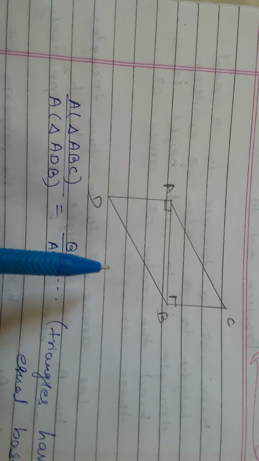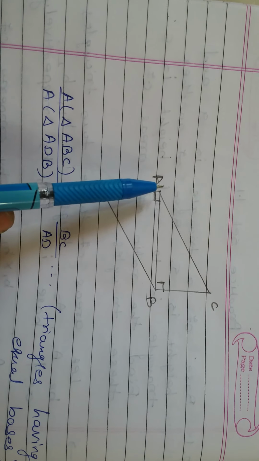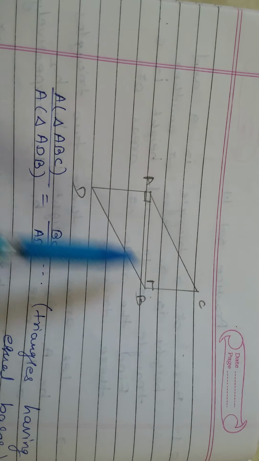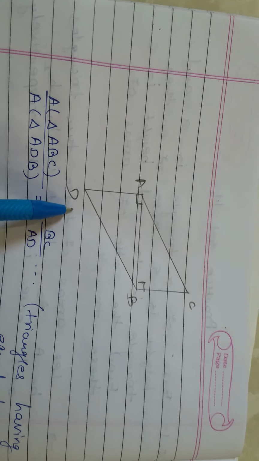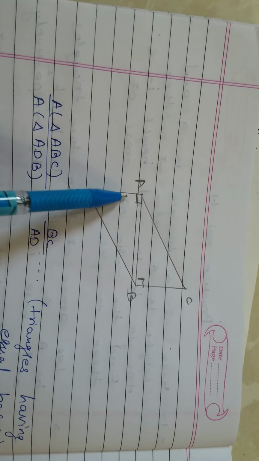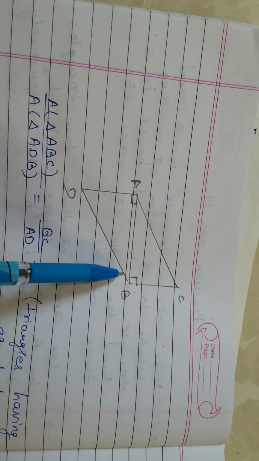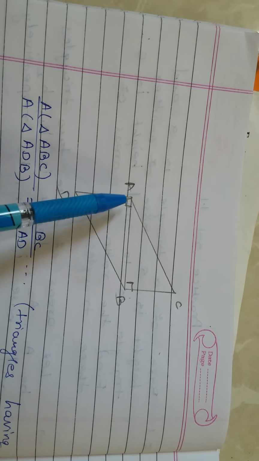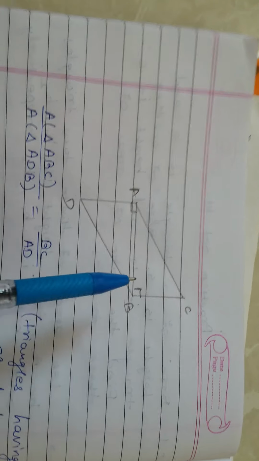This is the figure. From the figure we see here the two triangles, triangle ABC and triangle ABD. In this figure the base AB is common for both these two triangles, but the heights are different. For triangle ABC height is BC and for triangle ADB height is AD.